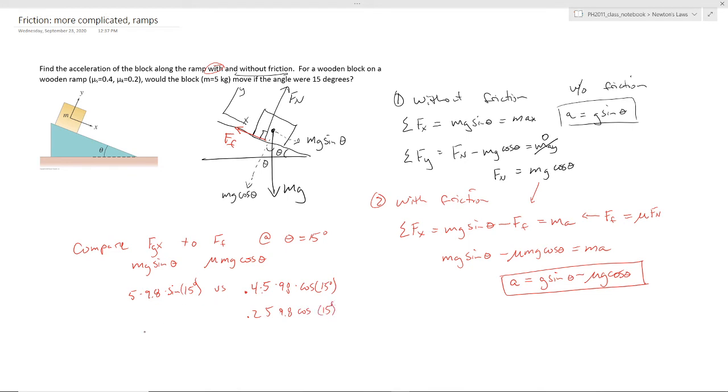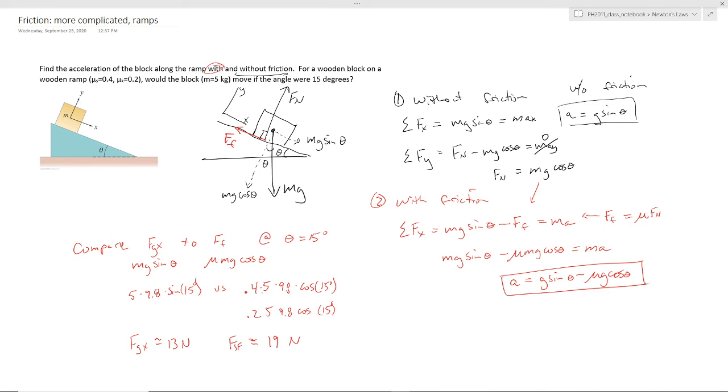Okay, so when we multiply this out, we find that the force Fgx is approximately 13 newtons, about 13 newtons. And the force of static friction is about 19 newtons.